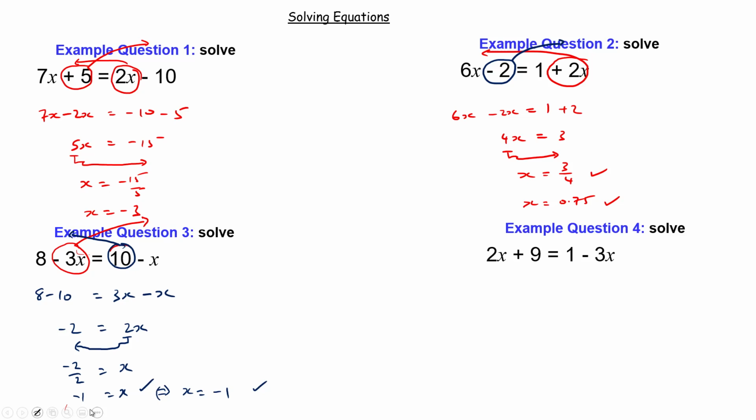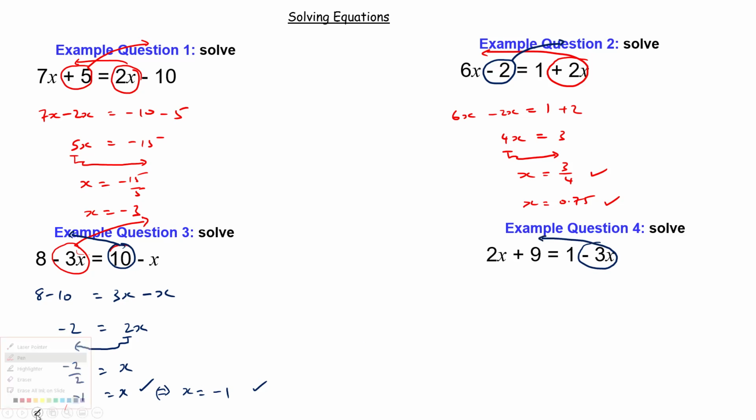I'll switch back to red in a minute. On this one, you have to think about which side is best for the x's. If I bring my minus 3x over to the left-hand side, it becomes plus 3x. So that's going to be more useful in this one. So let's do that. Put a bubble around that minus 3x. Floats over the equal sign. Becomes plus 3x.